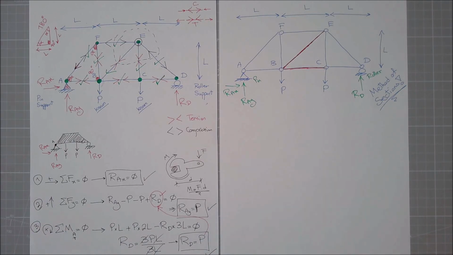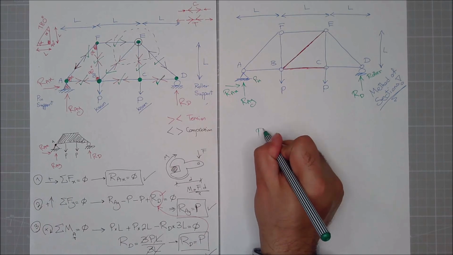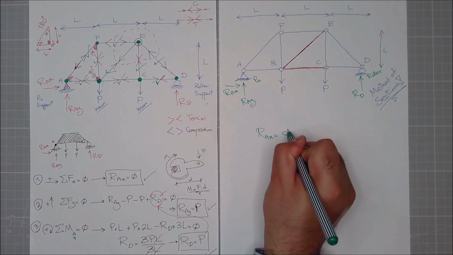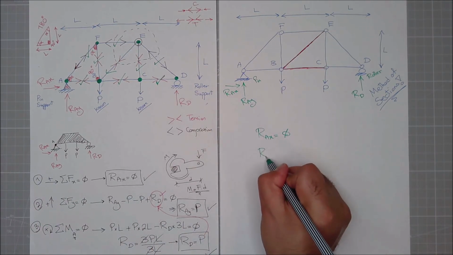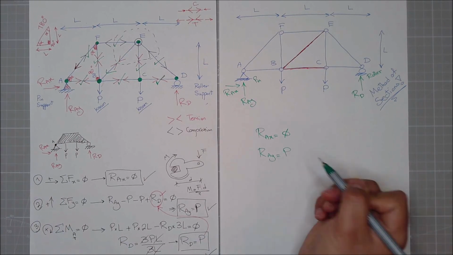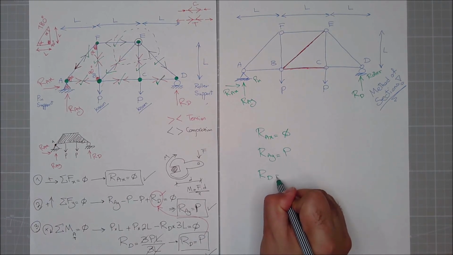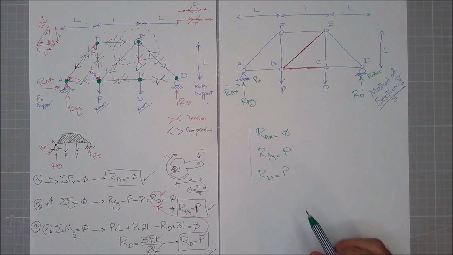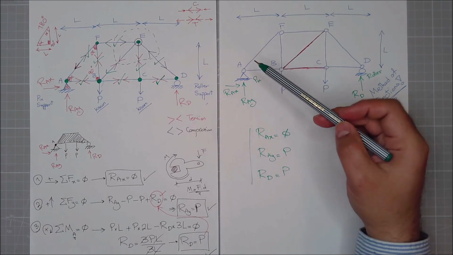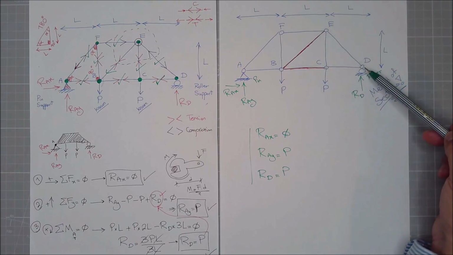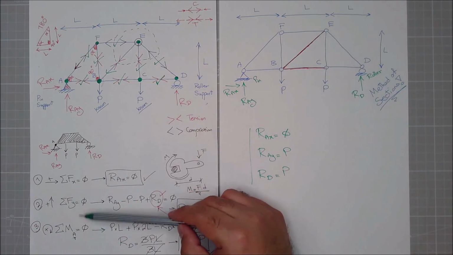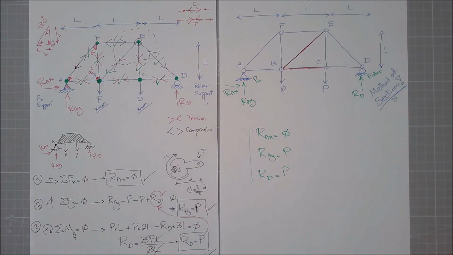We will calculate here as well. So let me just write RAX is equal to 0, RAY is equal to P, and RD was equal to P. So all of these were calculated considering the entire body as a solid and using the three equations of equilibrium.